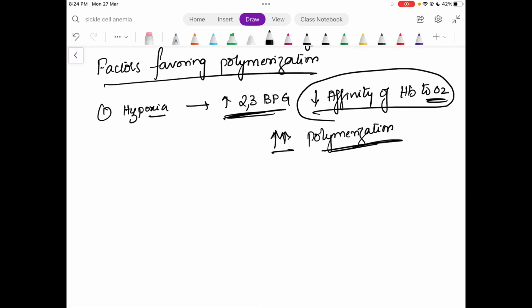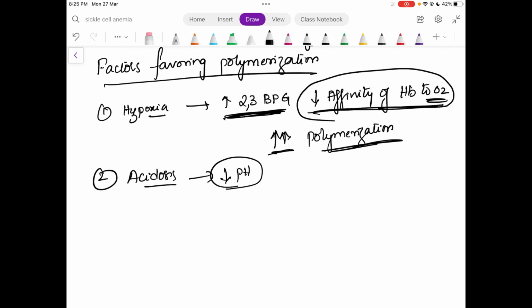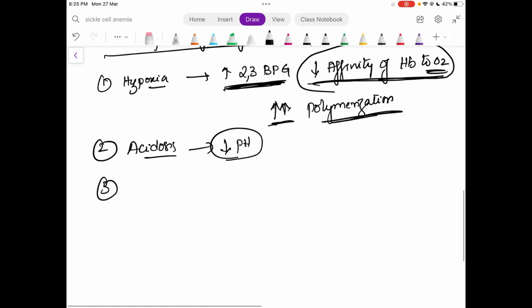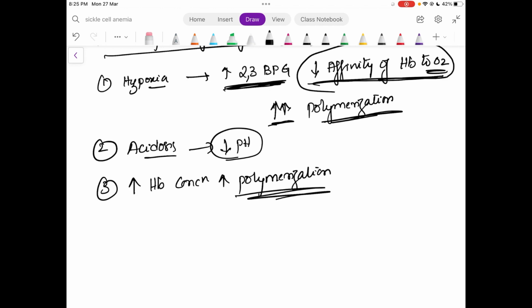And acidosis, that is decreased pH, will favor polymerization. And fourth, increased hemoglobin concentration will also increase polymerization. These are the factors which influence polymerization.